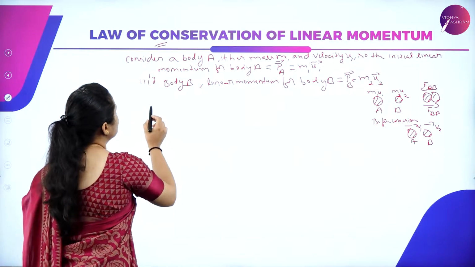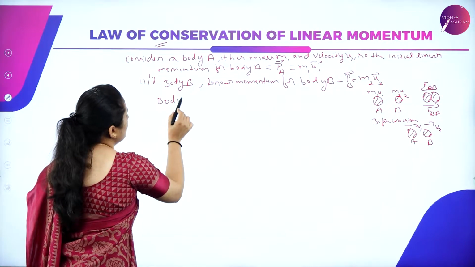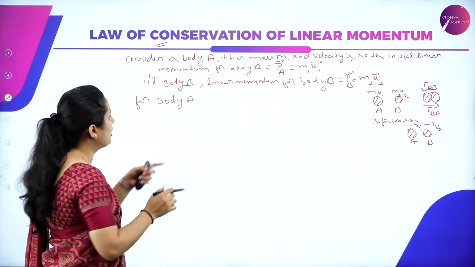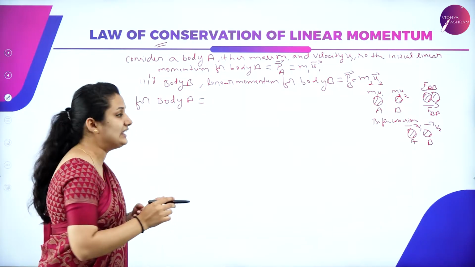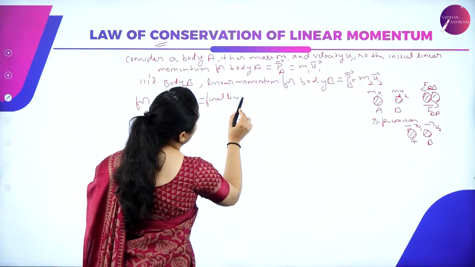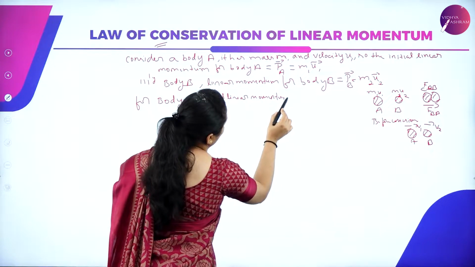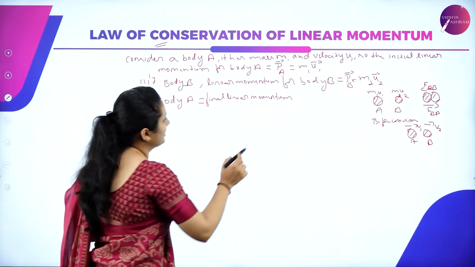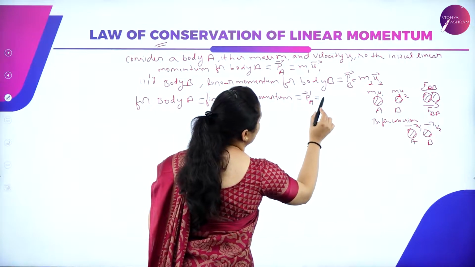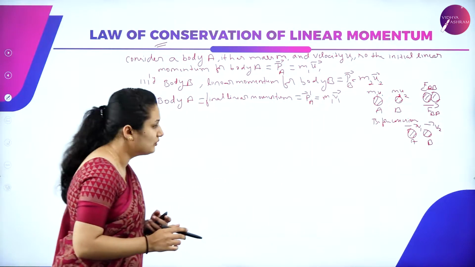So after collision, for body A, the final linear momentum is represented by P dash A. P dash A is equal to m1 v1.